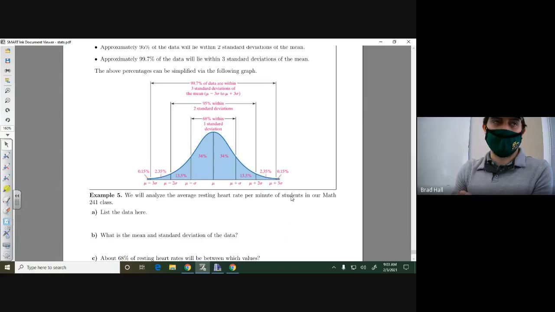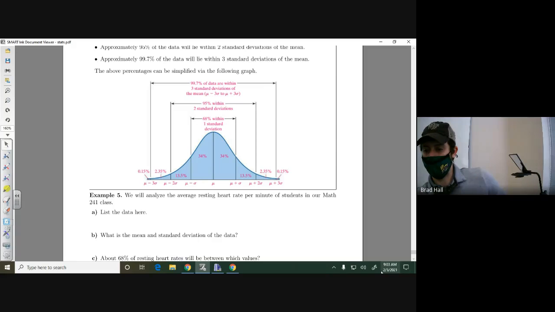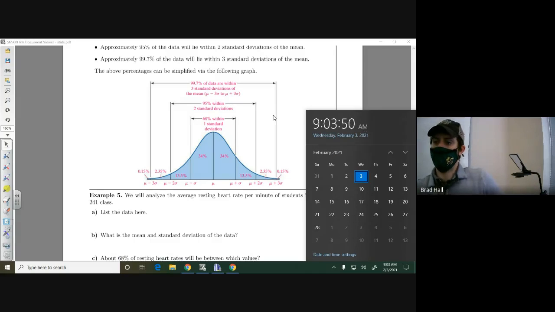You can count the number of beats for 15 seconds, 30 seconds, or a minute. Whichever one you do, multiply that by 4 or 2 or nothing to figure out the beats per minute. I'm going to start it at 9:04 on the dot.